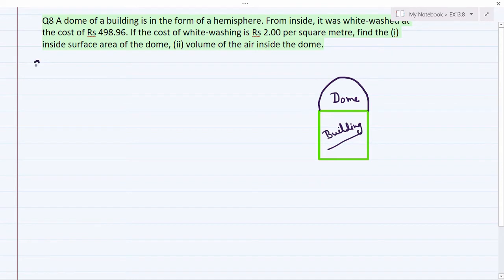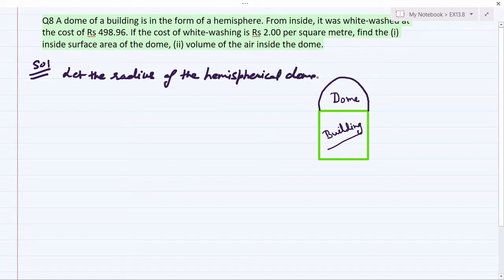Let us begin now. Question number 8. Let the radius of the hemispherical dome be r. Therefore inner curved surface area would be 2 pi r square, right?